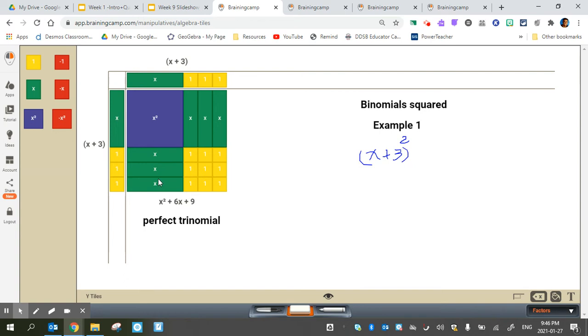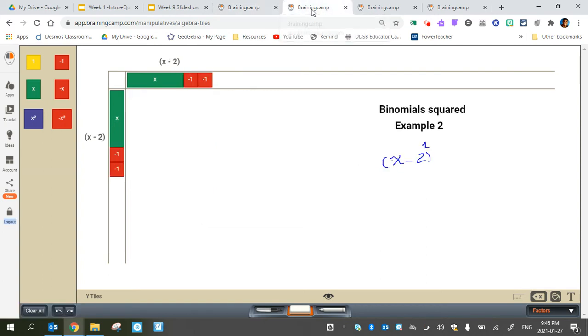X squared plus 6x plus 9. Notice the structure. Number one, it's a square. Number two, the x squared top left, the 9 bottom right, but the like terms are the same, 3x and 3x. Let's see example 2.